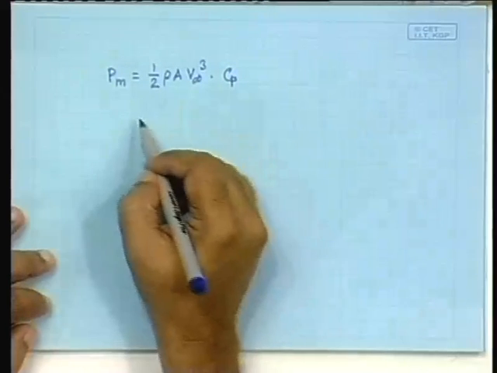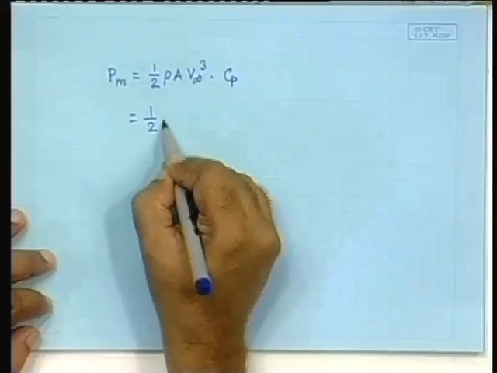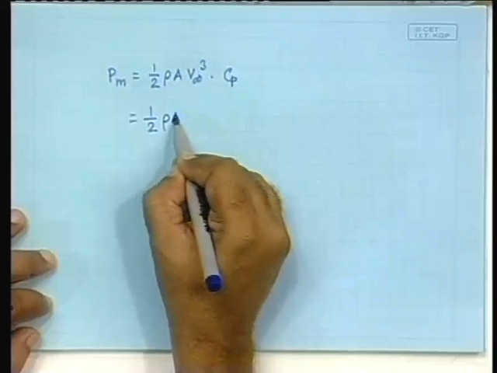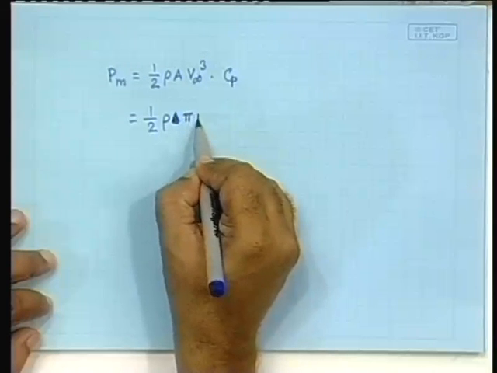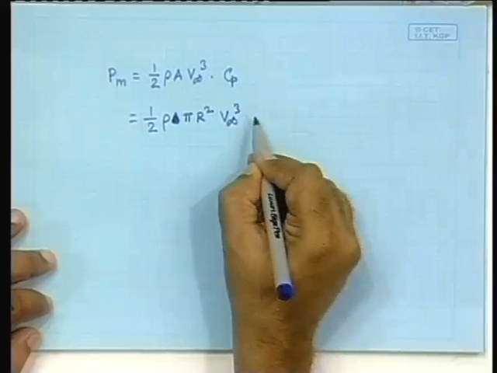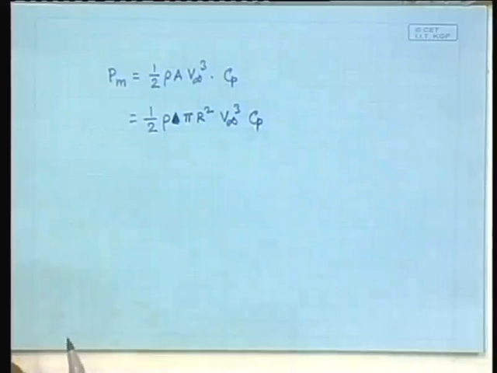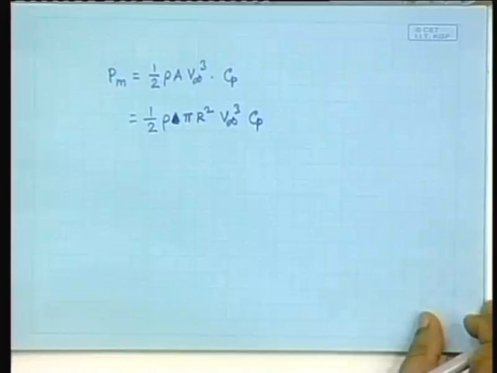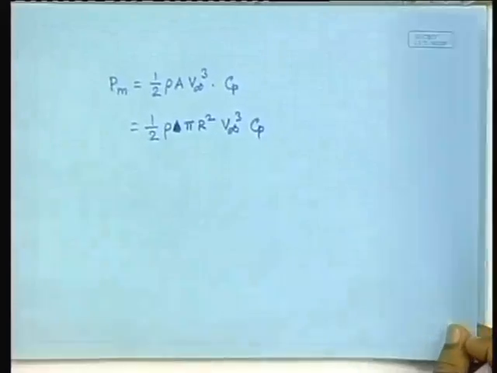That is half rho pi r square V infinity cube Cp. Fine. We are trying to find a relation. I will come to this one a little later.